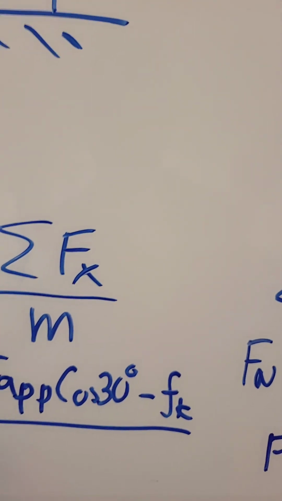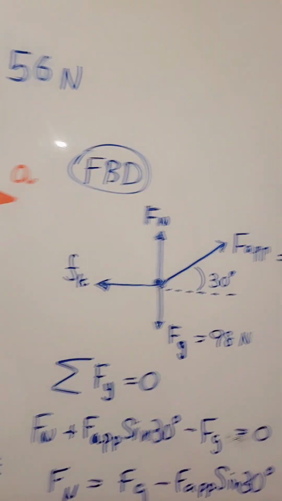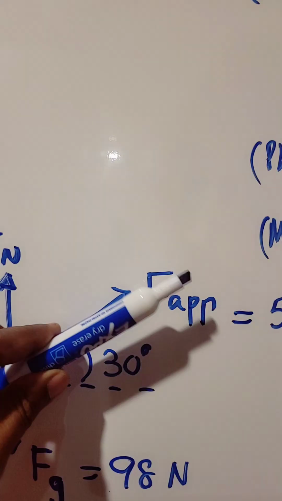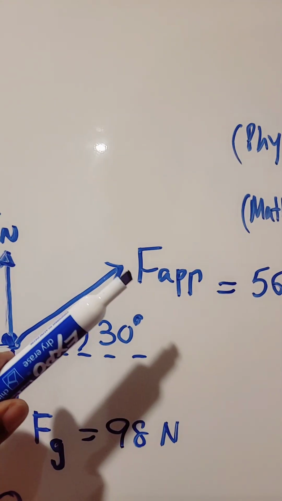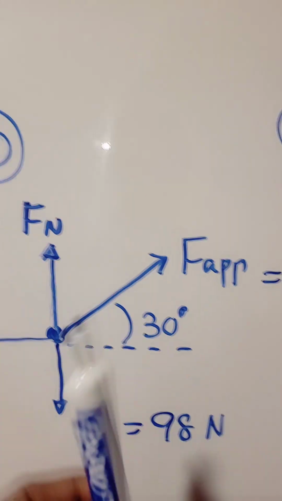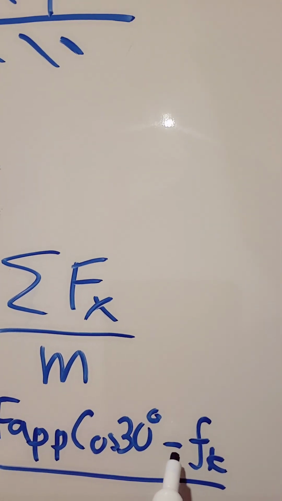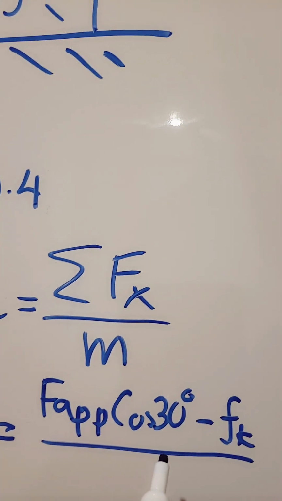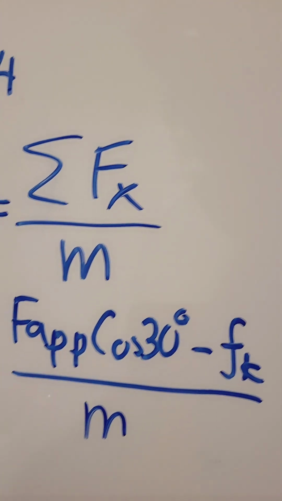That's the net force along the x direction. Can you see? There's a component in this direction parallel to the x-axis. That's f applied cosine 30, and then the friction force in the opposite direction. So that's why I have a minus sign over there. F applied cosine 30 minus f of k, and then this needs to be divided by m.